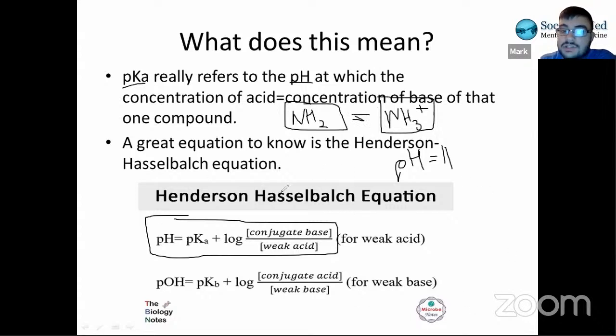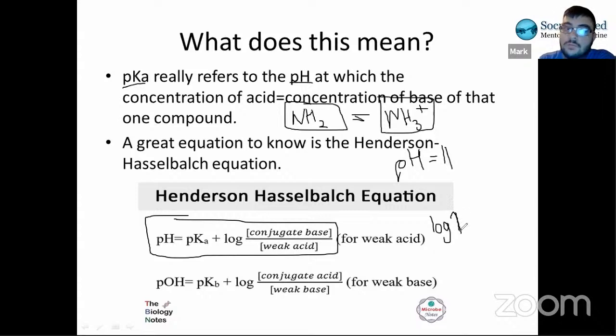The reason the Henderson-Hasselbalch equation is useful for seeing this is because of the concentration of base and concentration of acid. When the pH is equal to the pKa, they're equal, so whatever is on the top is also on the bottom. This essentially means that pH equals pKa plus log of 1, because anything divided by itself is 1.